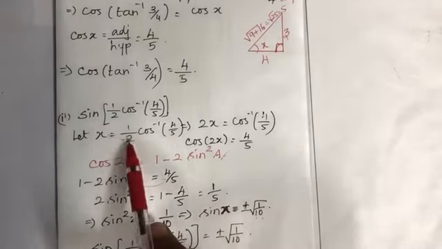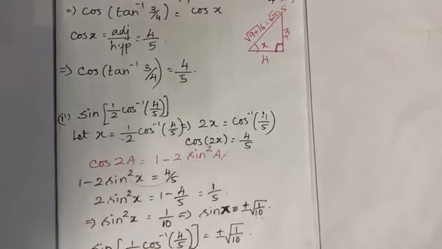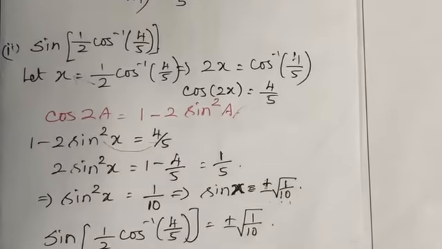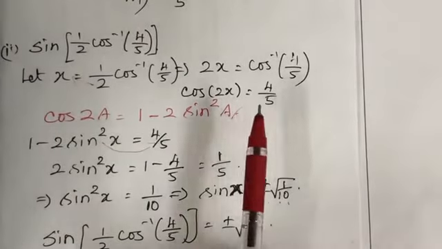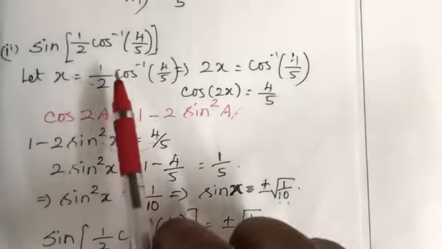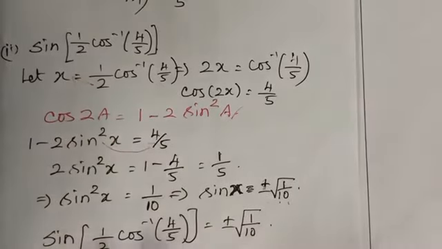It is 1 by 2 cos inverse 4 by 5. So sine of 1 by 2 cos inverse 4 by 5, instead of x I have given this expression, is equal to plus or minus square root of 1 by 10.